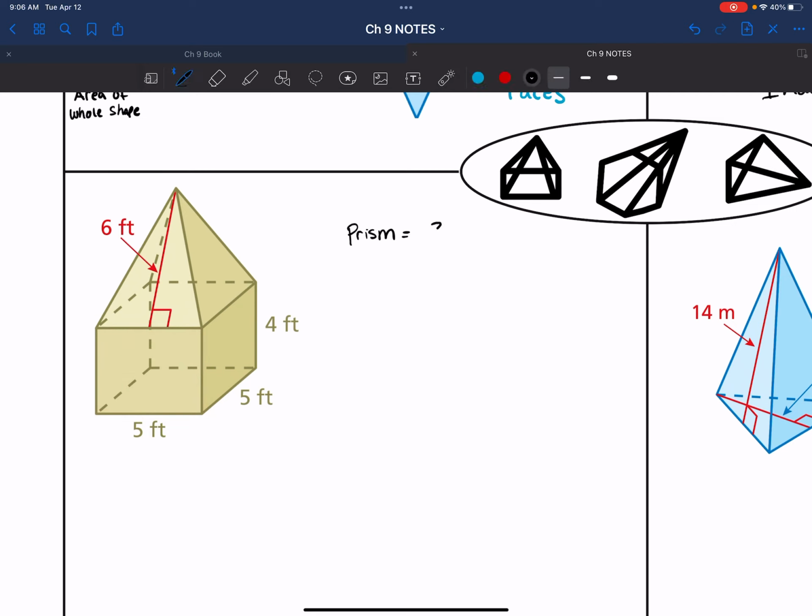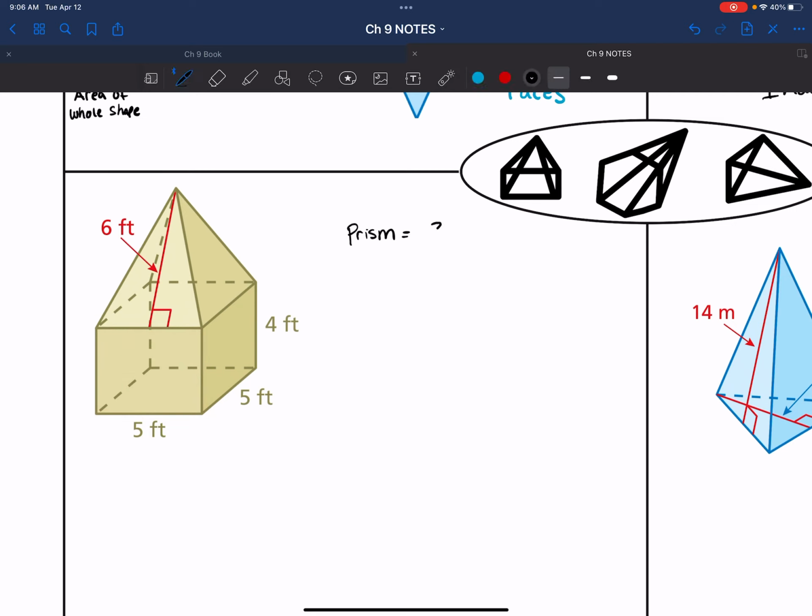Now, to find the area of just one of them, remember it's a triangle. I need the base, which is 5, right? And the height, which is 6. 6 times 5 is 30, but I need to divide it by 2 because it's a triangle. 30 divided by 2 is 15. 15 feet squared is 1 triangle.